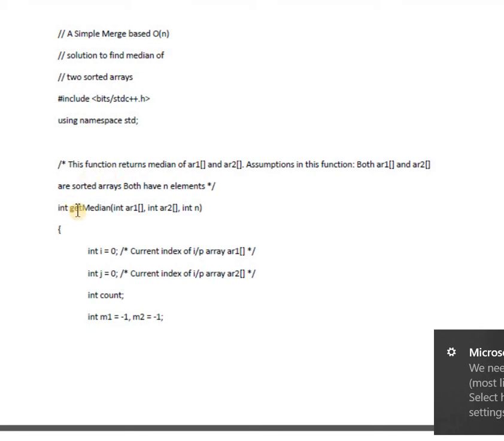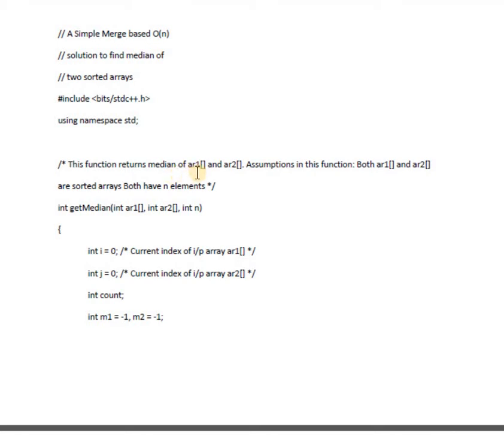First, there is one function, getMedian function, which returns the median of 2 arrays. Suppose the arrays are AR1 and AR2. But here we are assuming that both arrays AR1 and AR2 are in sorted order. That means the elements of both arrays AR1 and AR2 are in sorted order.